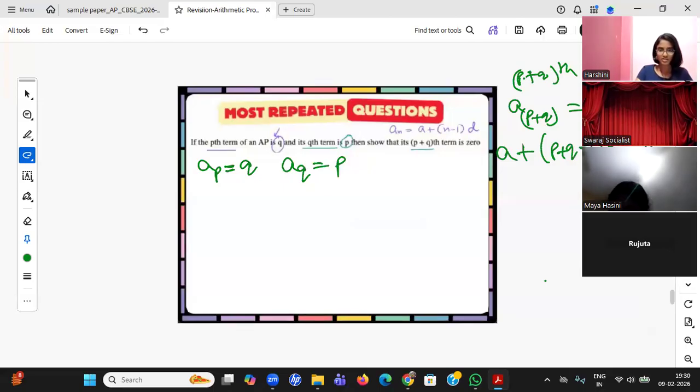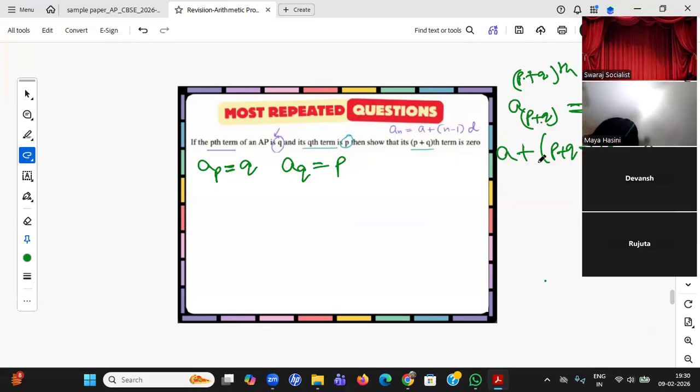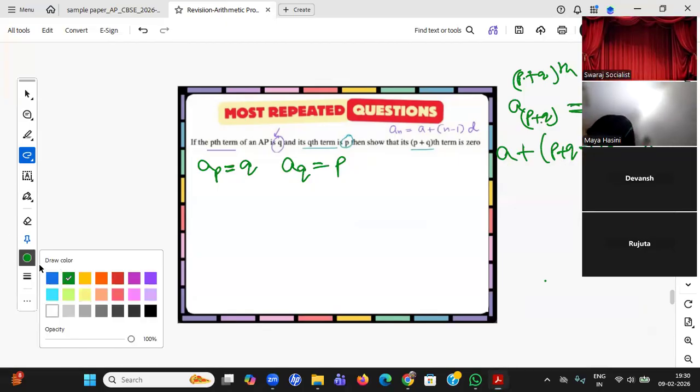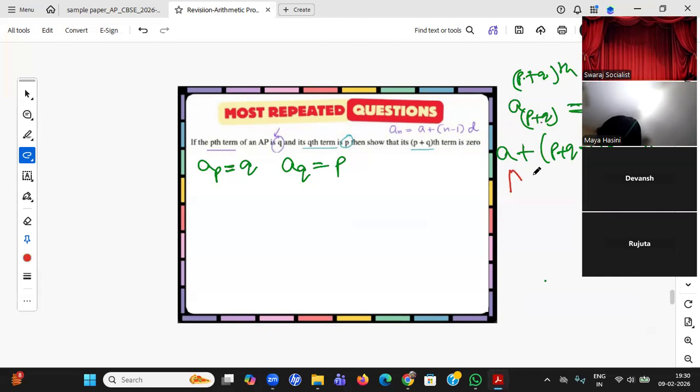You see, A n means a plus n minus 1 into d. In place of n, we have P plus q, nothing more than that. I need to prove A of P plus q equals 0. That means I want this to be 0. How can I prove this? I need a and d. Where will I get a and d from? From this equation and this equation.